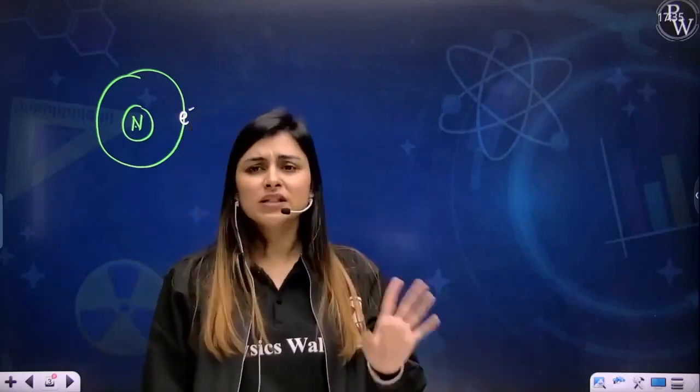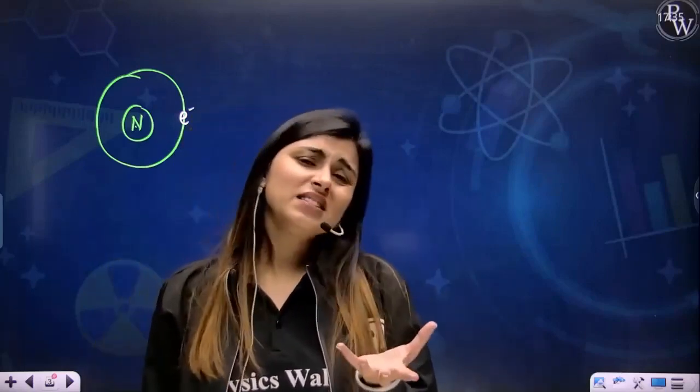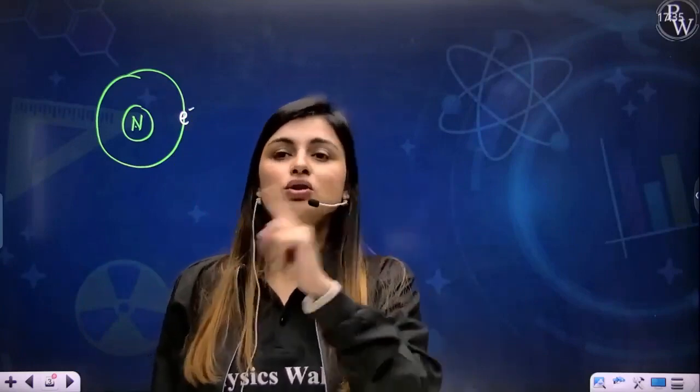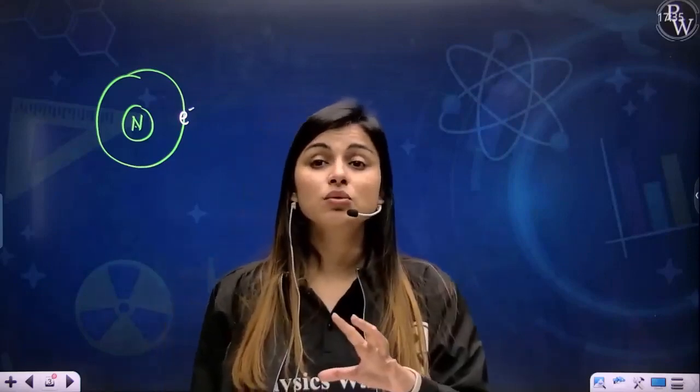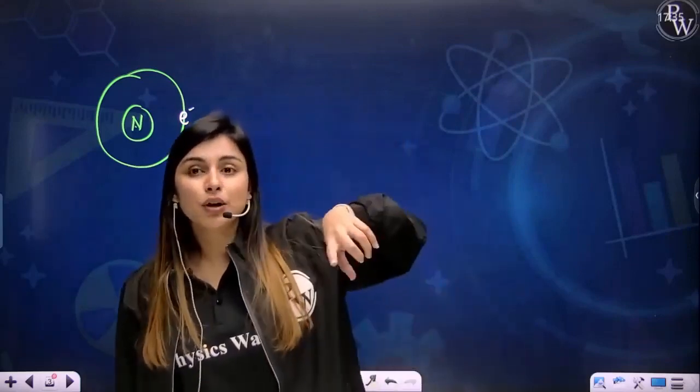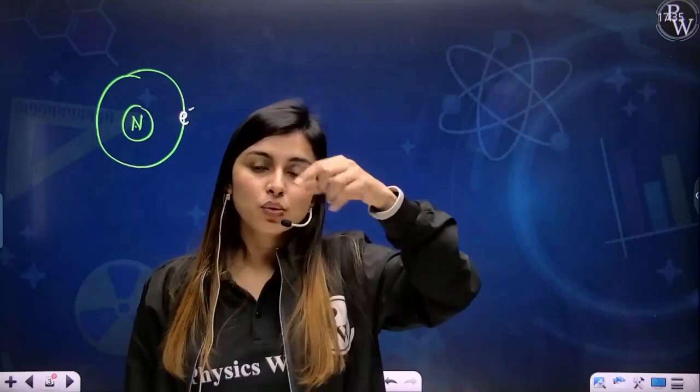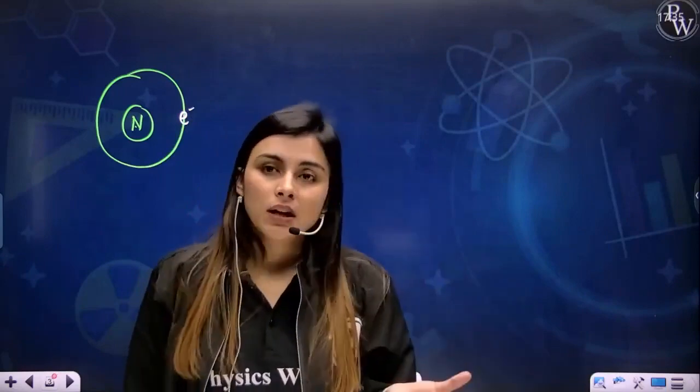Now the first question that arises is, why does this happen? Why is your electron rotating on its own axis as well as revolving around the nucleus? Because you know that whenever a charged particle rotates, it tends to lose its energy, and if it loses its energy, it will eventually fall into the nucleus.